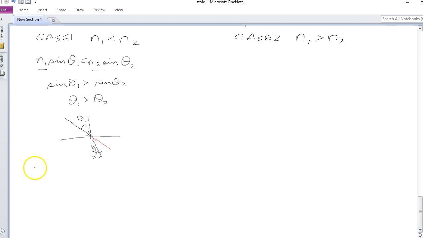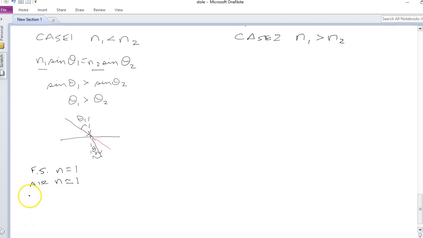If we look at typical indices, and I didn't emphasize this when I introduced the index, so I'll cover this now. We know that free space has an index of 1. Air, we're going to say, is approximately 1. For what we're going to do, we don't have to worry about the difference.